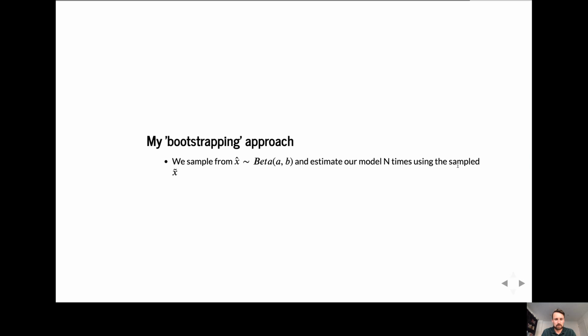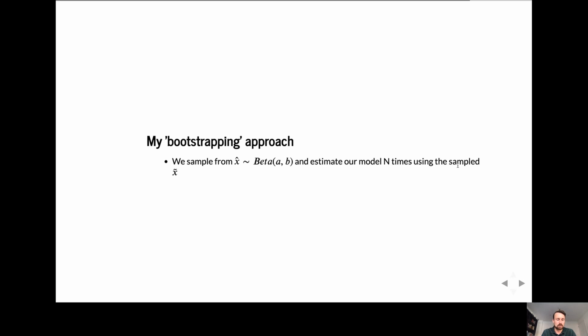What did work for me was some kind of bootstrapping approach. Instead of estimating our model once, we can do a random draw of our x hat from our beta distribution and estimate our model n amount of times.